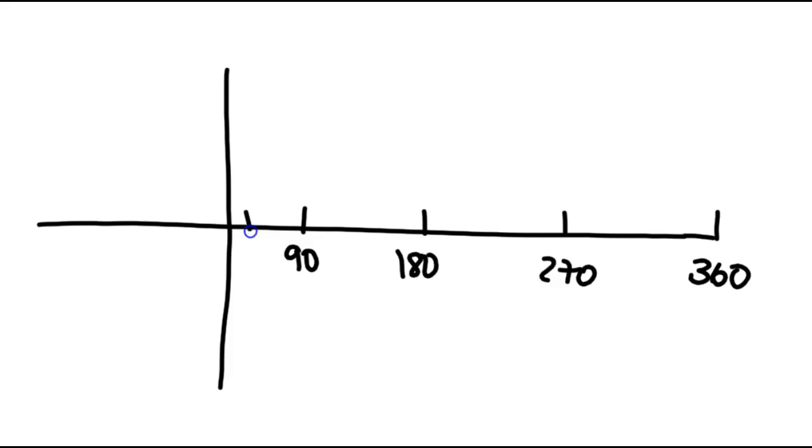So if you think this is 30, 60, 90, and then 120, 150, 180, and 180, 210, 240, 270. Okay, so I'm just throwing extra ticks in there so that you can see where that 30 shift's going to come in. 300, 330, 360.